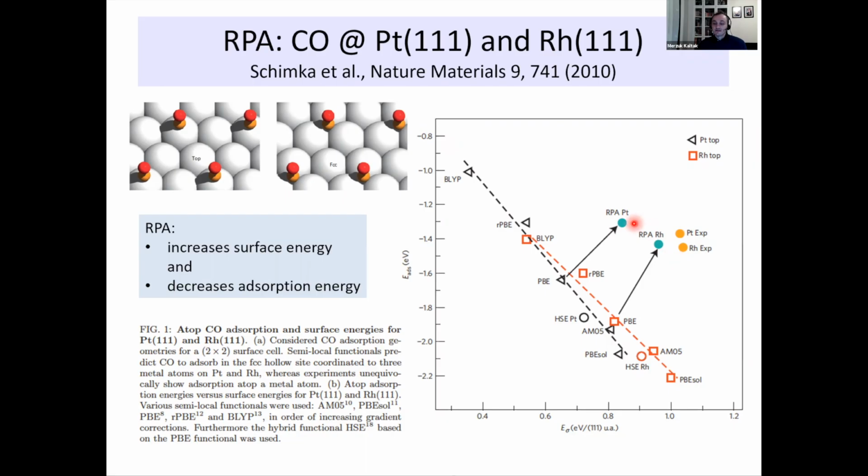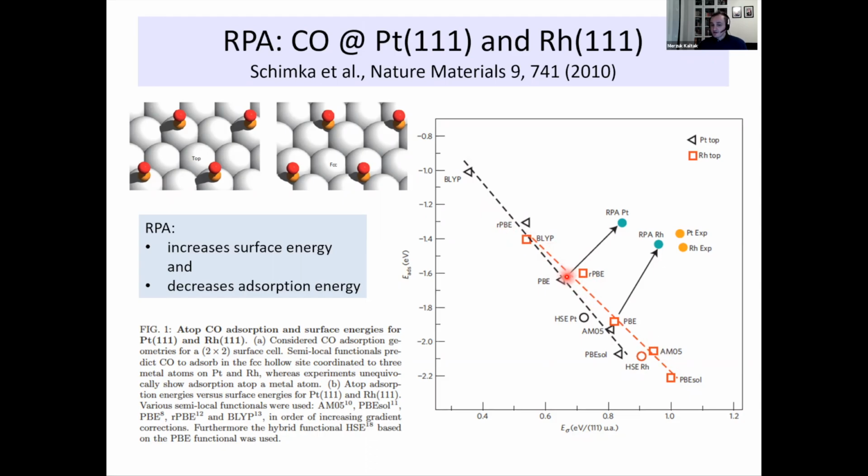Now, regardless which DFT functional you choose, either PBE, meta GGA, or even hybrid functionals like HSE, you will never get out of such a straight line. So you always end up somewhere here. And similar for the rhodium surface.